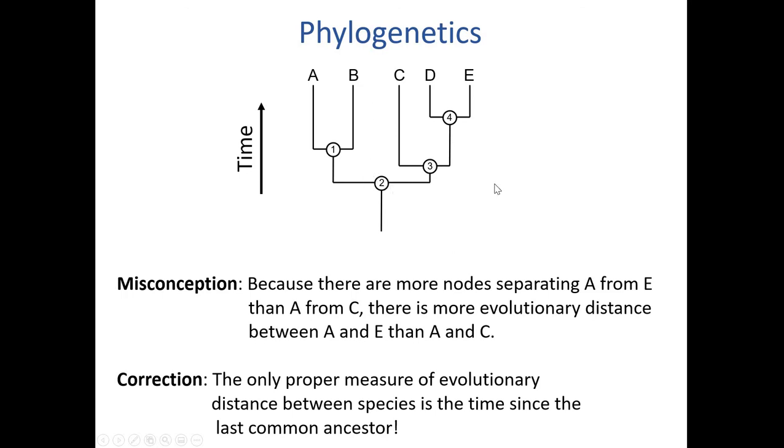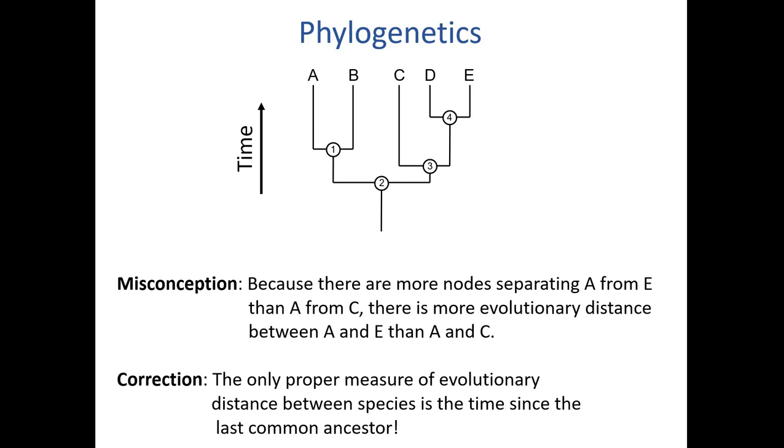And that's the same vertical distance as between E and node 2. And so basically these have the same amount of evolutionary separation, despite looking like they're in closer proximity to one another on the tree. So hopefully that makes sense. So the only measure of evolutionary distance on these trees is the time since the last common ancestor, not their physical distance from left to right.